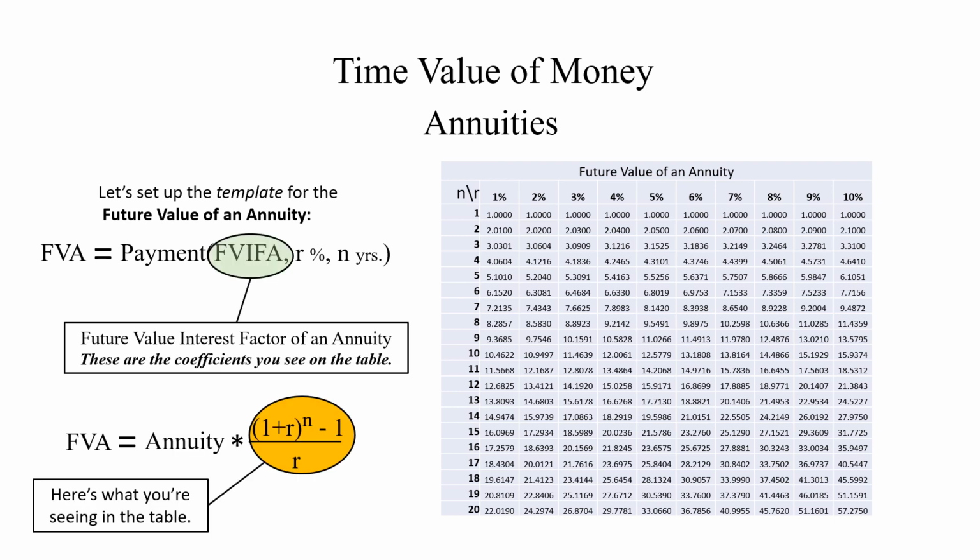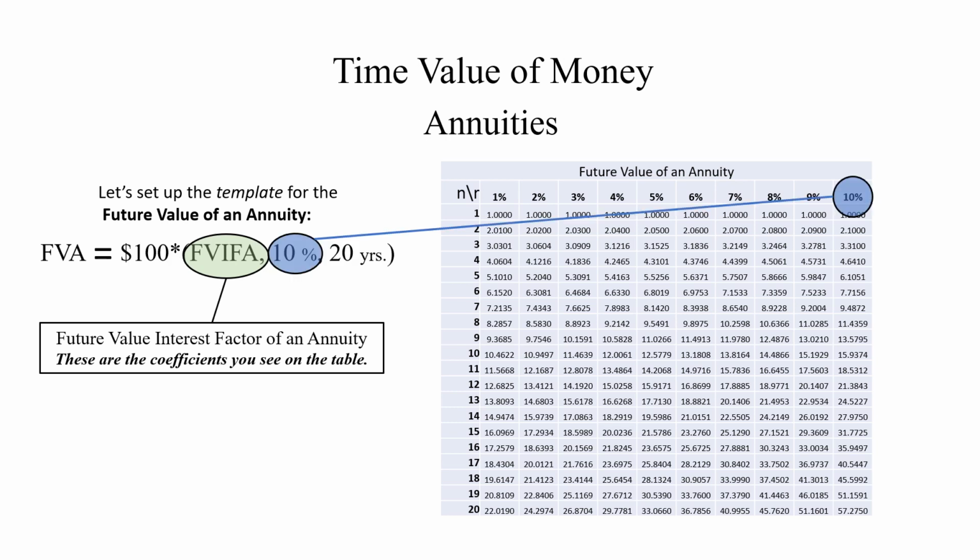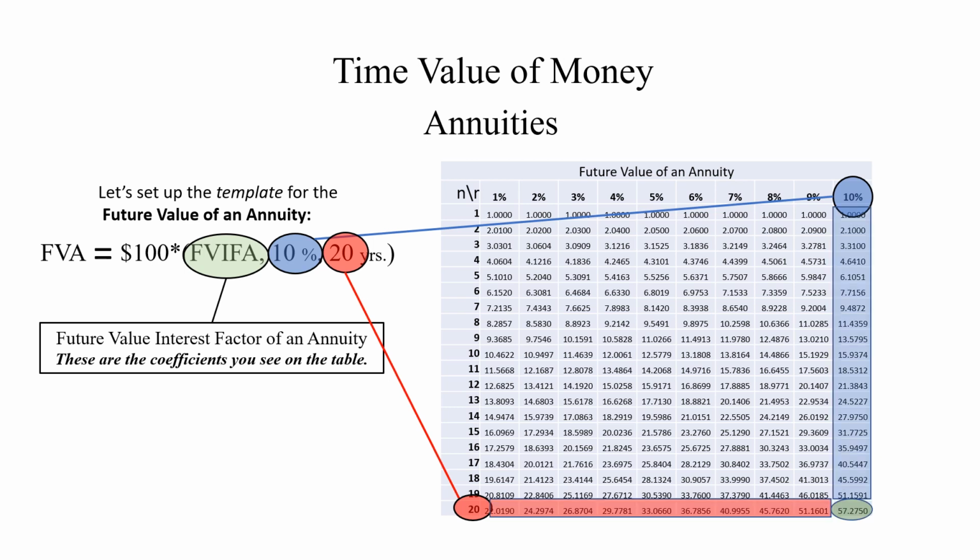There's the FVIFA. That's what you're seeing in the table. To find the relevant FVIFA, we simply find where the coordinates of the two variables intersect. Here's the 10% column, and here is the 20-year row. And here's where they intersect.